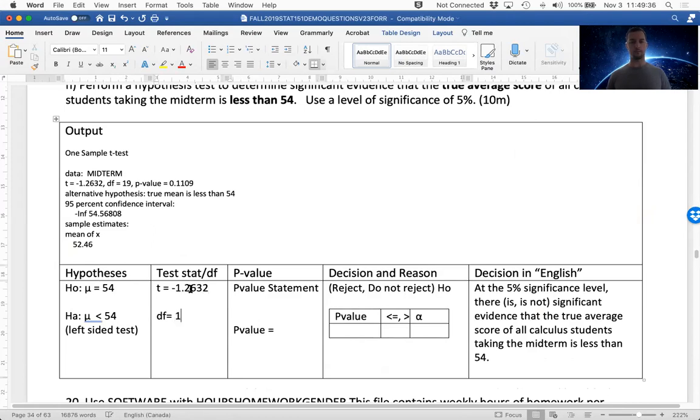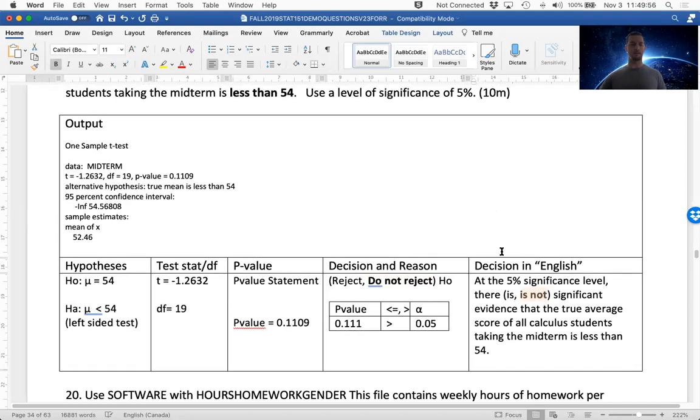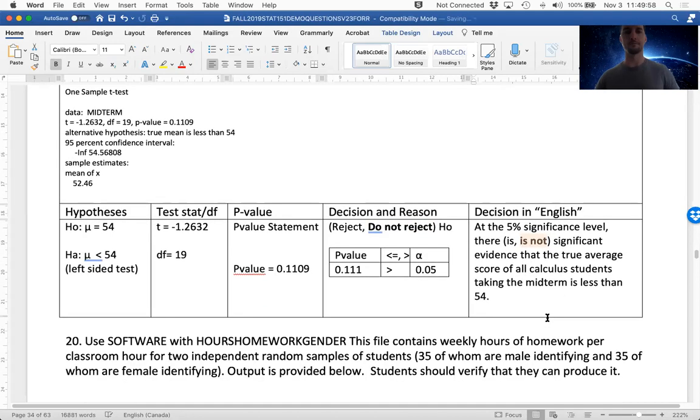Our degrees of freedom is 19 again, and our p value is 0.1109. So here we have 0.111, which is greater than the significance level of 0.05. In this case, we do not reject since the p value is bigger than alpha. And then we can say there is not significant evidence in this case.